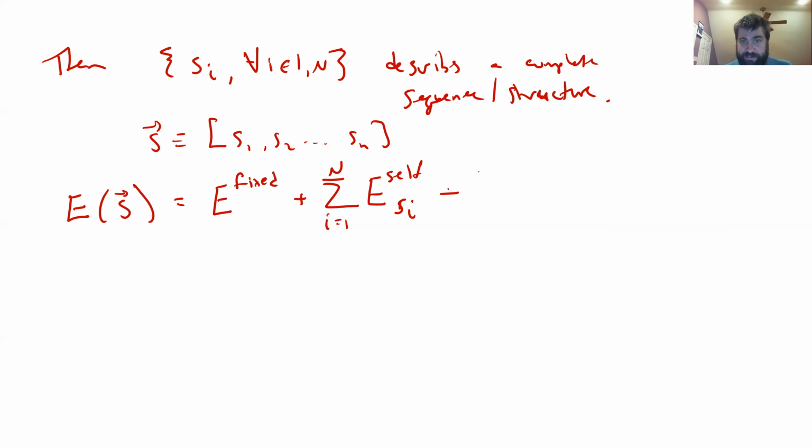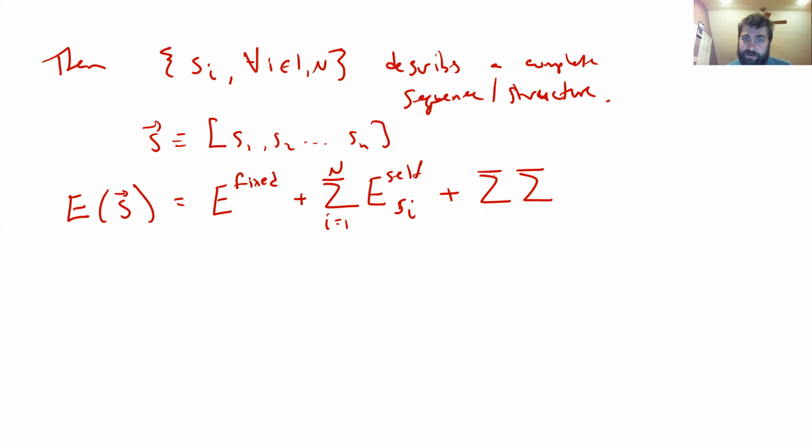We then add to this another sum, and this is a sum over all pairs. We can either do this with a half, allowing us to double count, or we can avoid the double counting. And this is what I'm going to write down here.